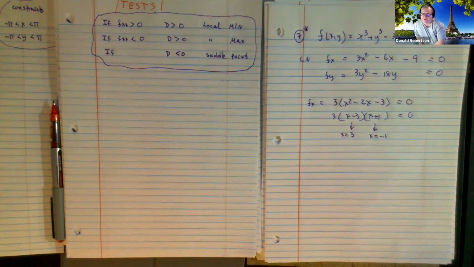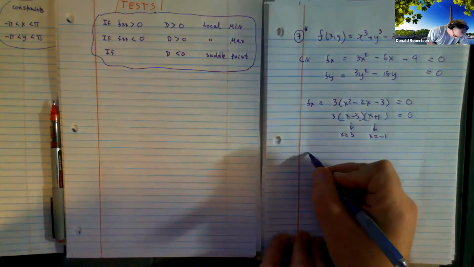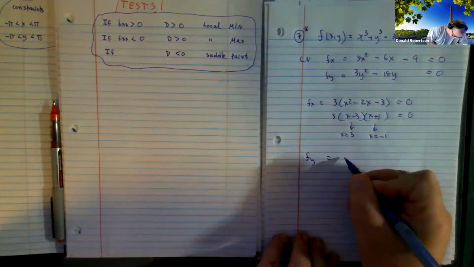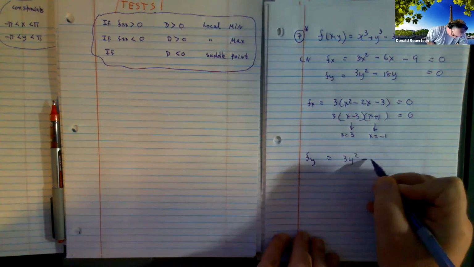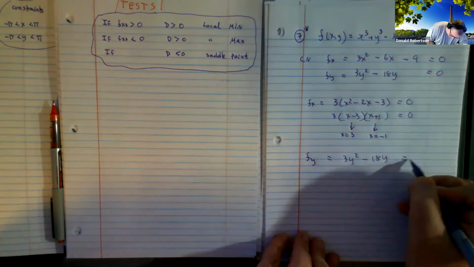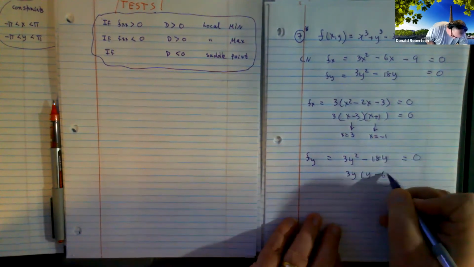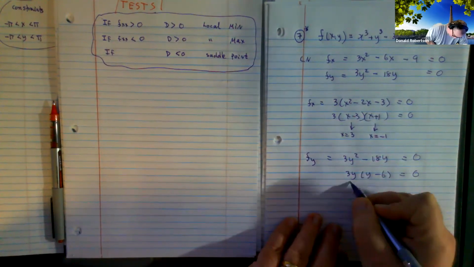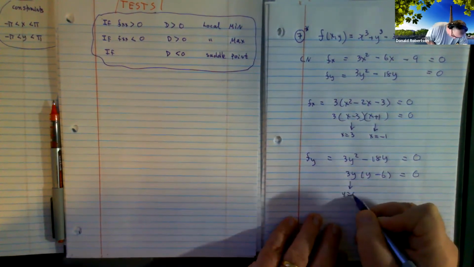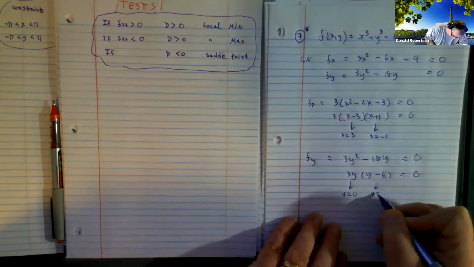So algebraically, didn't that make that a lot easier to deal with? Now, if we take the partial derivative with respect to y, which is this guy, I can pull out 3y as a common factor, and I believe I get this. And that generates y equals 0 and y equals 6.